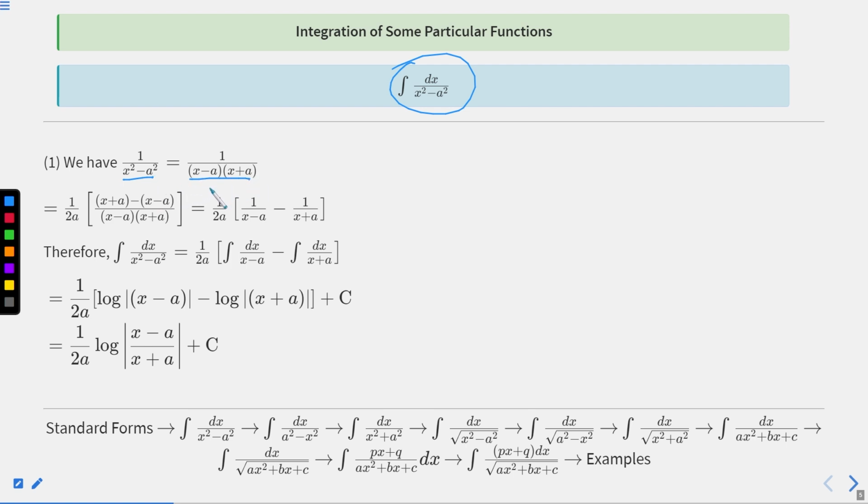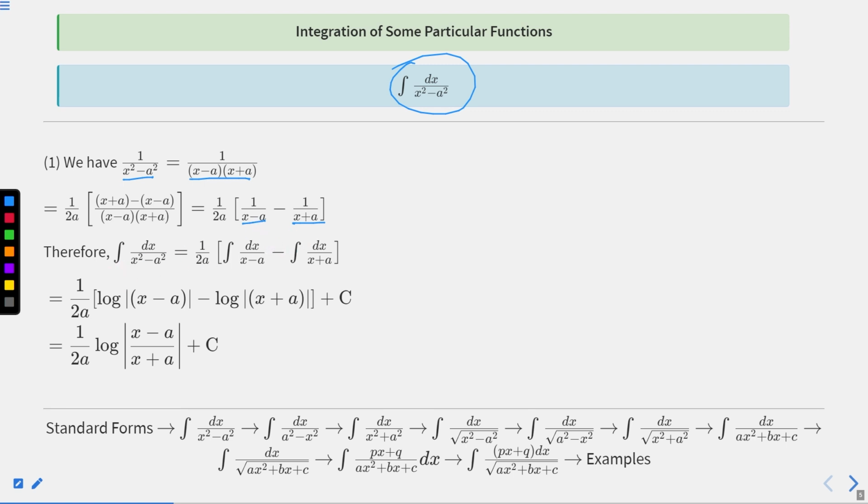Further, this can be rewritten as x plus a minus x minus a, divided by 2a. Clear? Now this can be separated as 1 by x minus a minus 1 by x plus a. Okay, so far so good.